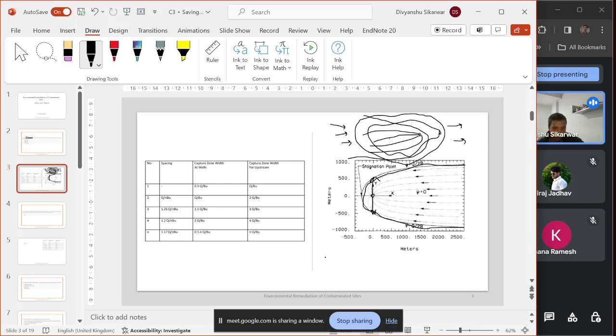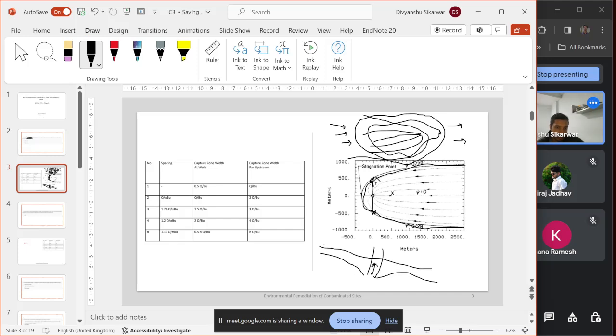If we see a side view, a plane view, it will be something like this. This is the groundwater level, this is the ground level, and something like this will be the groundwater cone. If we put a well and extract water from it, there will be a depression.